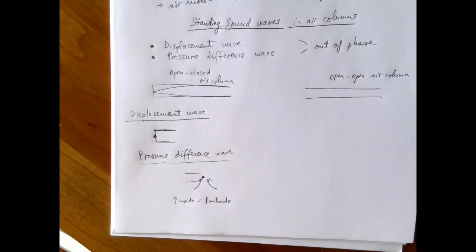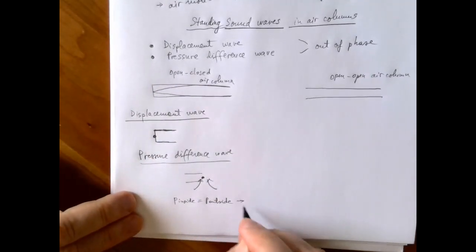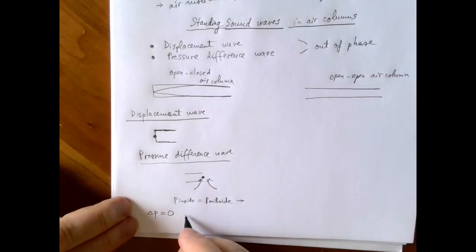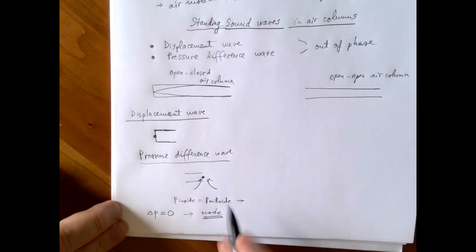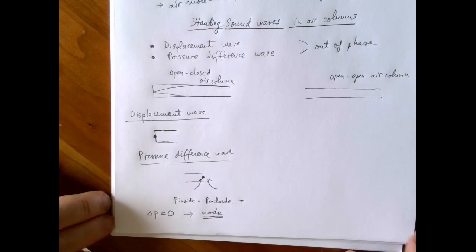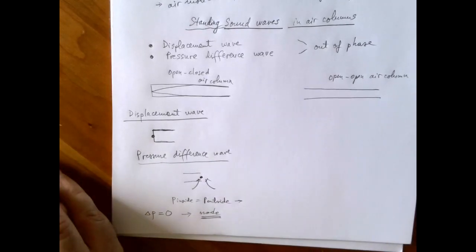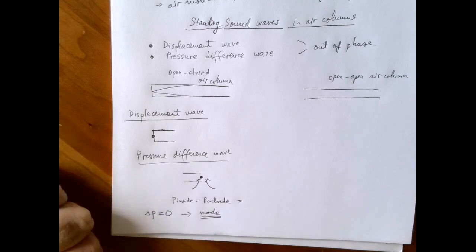Otherwise, air would flow in or out. So that means I have a change in pressure of 0, which gives me a node. So if I want to work in the pressure difference wave view, at the open end I must have a node. If I work in the displacement wave view, at the closed end I must have a node.